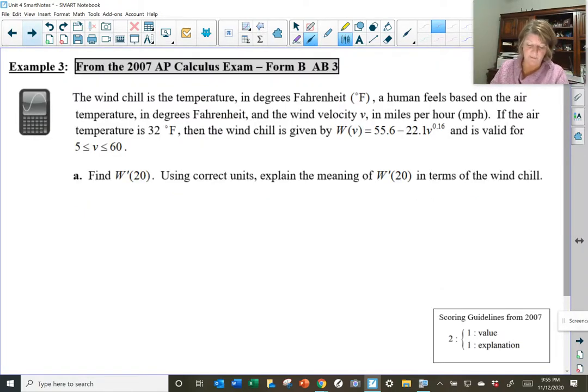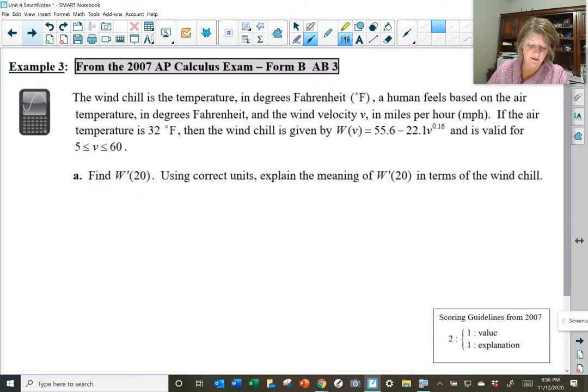Okay, next, example 3. From the 2007 AB number 3, this was with calculator. The wind chill is the temperature in degrees Fahrenheit a human feels based on the air temperature in degrees Fahrenheit and the wind velocity V in miles per hour.